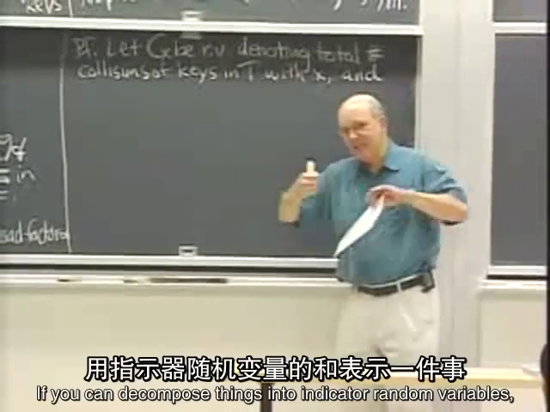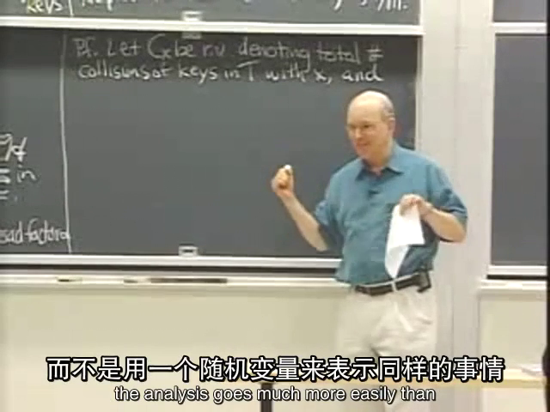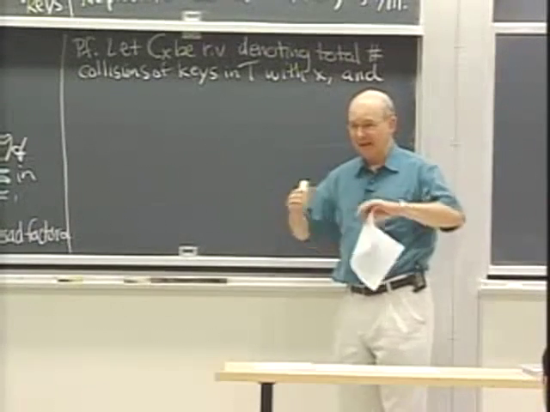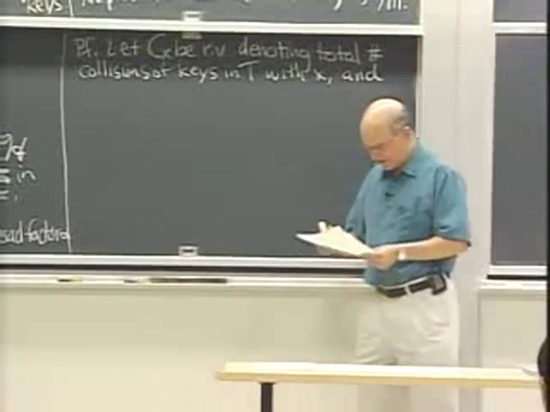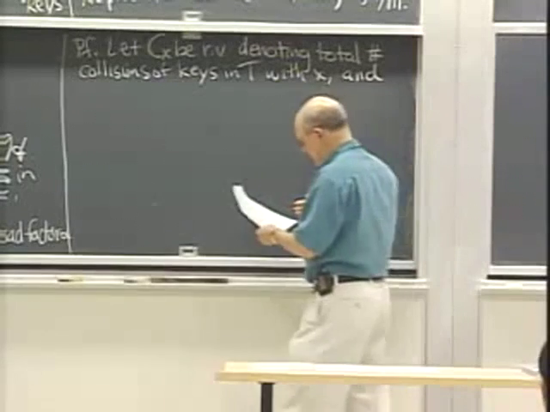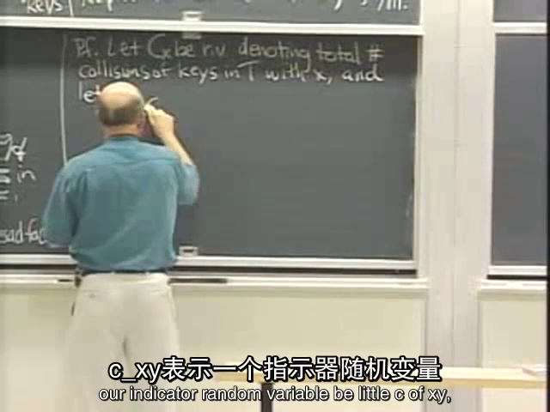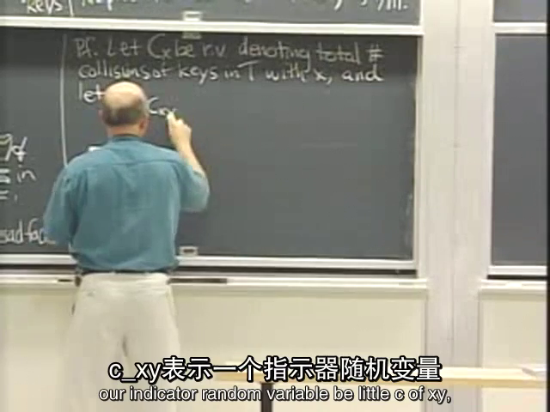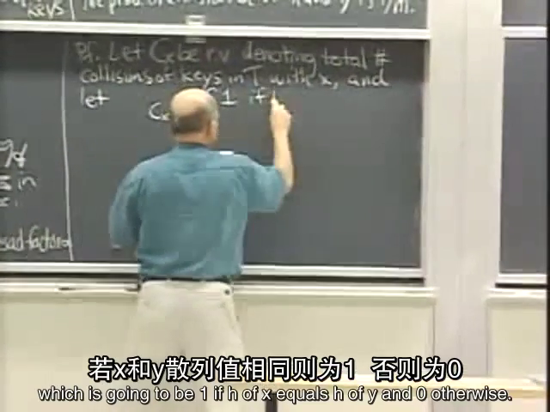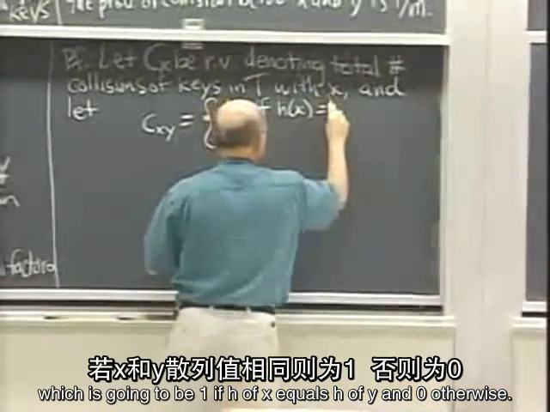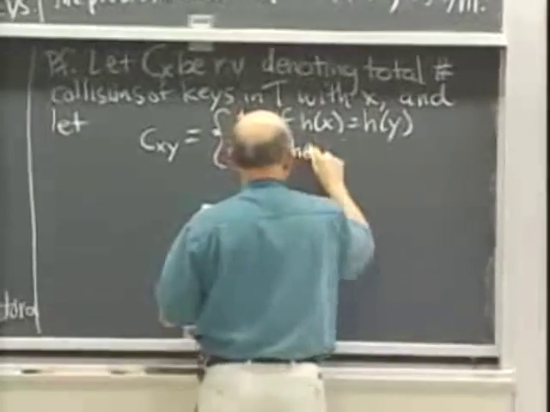If you can decompose things into indicator random variables, the analysis goes much more easily than if you're left with aggregate variables. So here we're going to let our indicator random variable be little c of xy, which is going to be 1 if h of x equals h of y, and 0 otherwise.